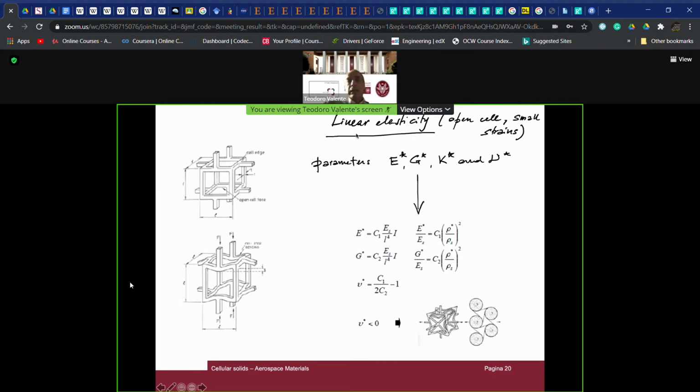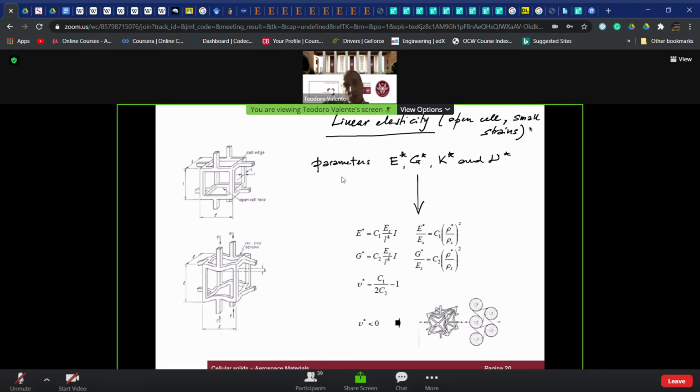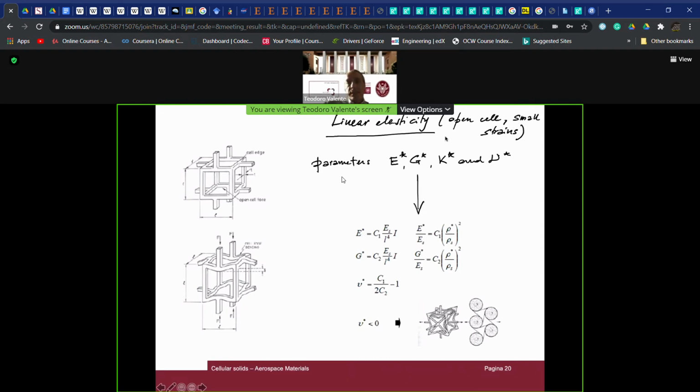Well, linear elasticity, that is the first part of the answer in compression. Case of open cells with small strains, which represents the existence of the linear elasticity behavior of the material itself.